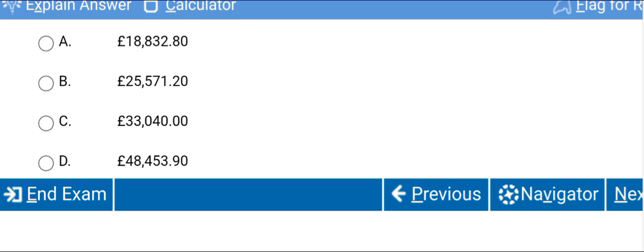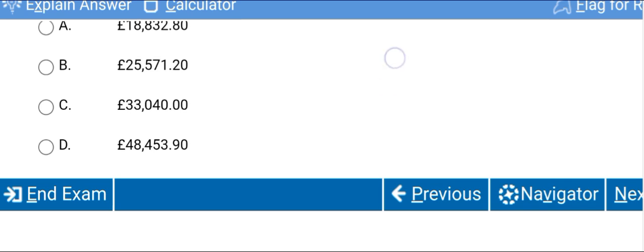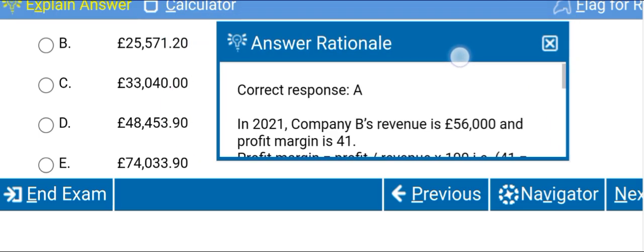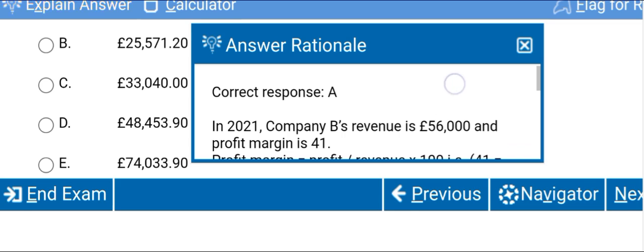Option D, 48,453.90 pounds. Option E, 74,033.90 pounds. So the correct response we have is option A.